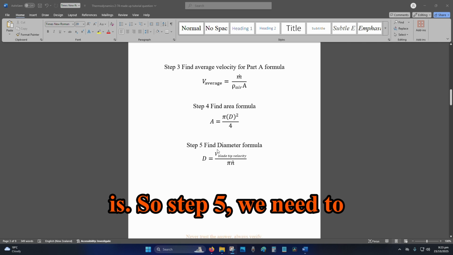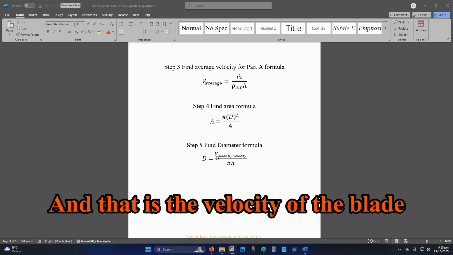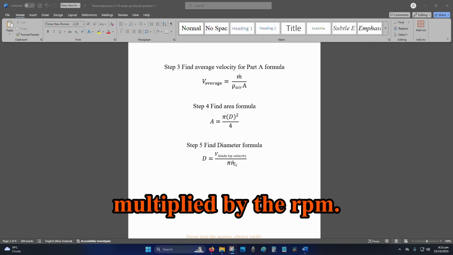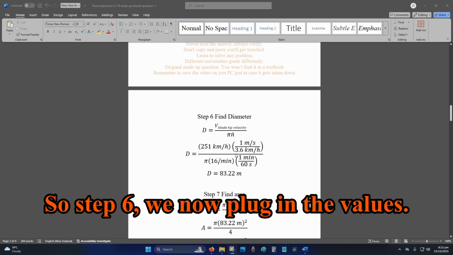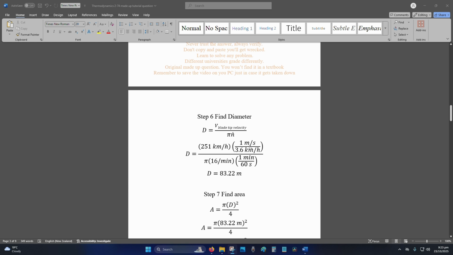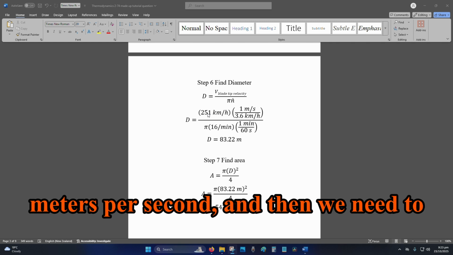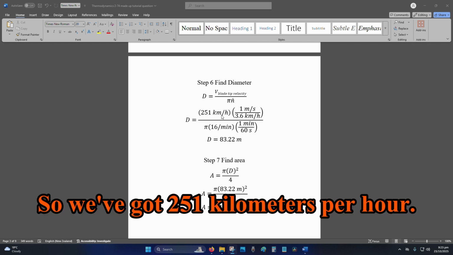So step 5, we need to find the diameter formula, and that is the velocity of the blade tip divided by pi multiplied by the RPM. Step 6, we now plug in the values. We have to convert these units into meters per second, and then we need to cancel out the seconds. So we got 251 kilometers per hour.